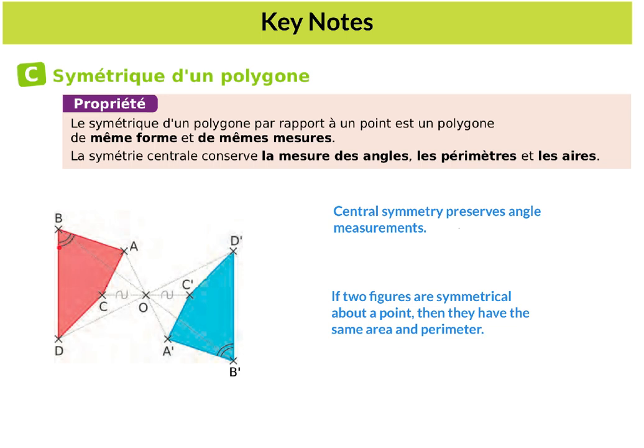So if we look at angle B here, so that is angle A, B, D. If it corresponds to A prime, B prime, D prime, and this angle will both be identical. Also identical are the two areas of these two shapes, and also the perimeters, the distances around the outside, will also be the same.